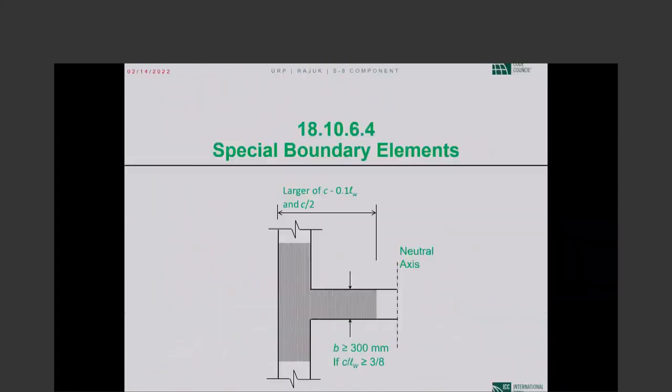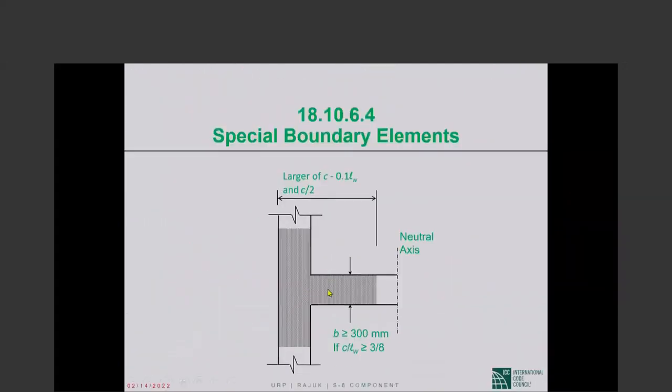And in that case, the minimum thickness requirement over the specially confined boundary zone is 12 inches. Okay, the wall cannot be any thinner than 12 inches, 300 millimeters.